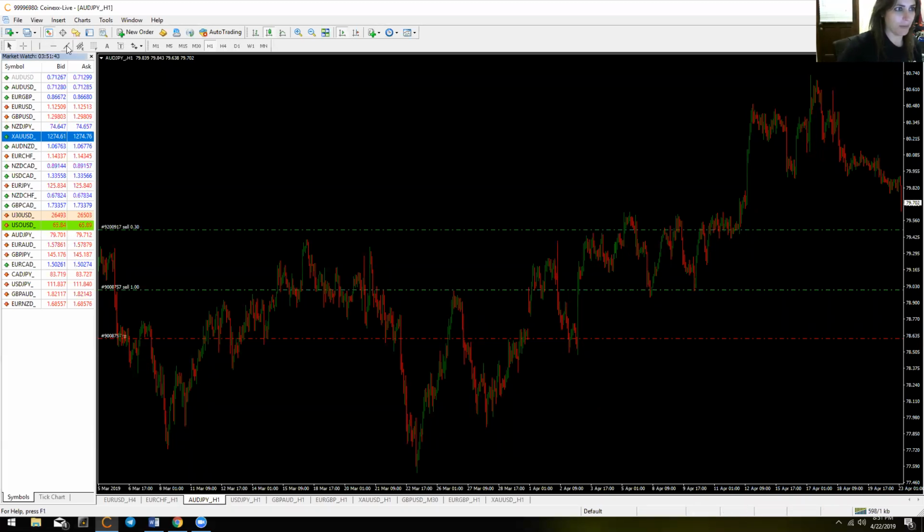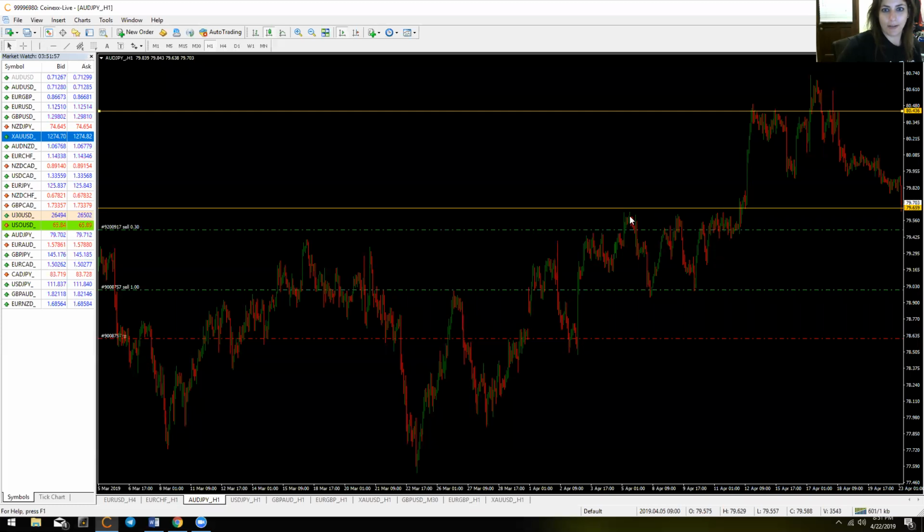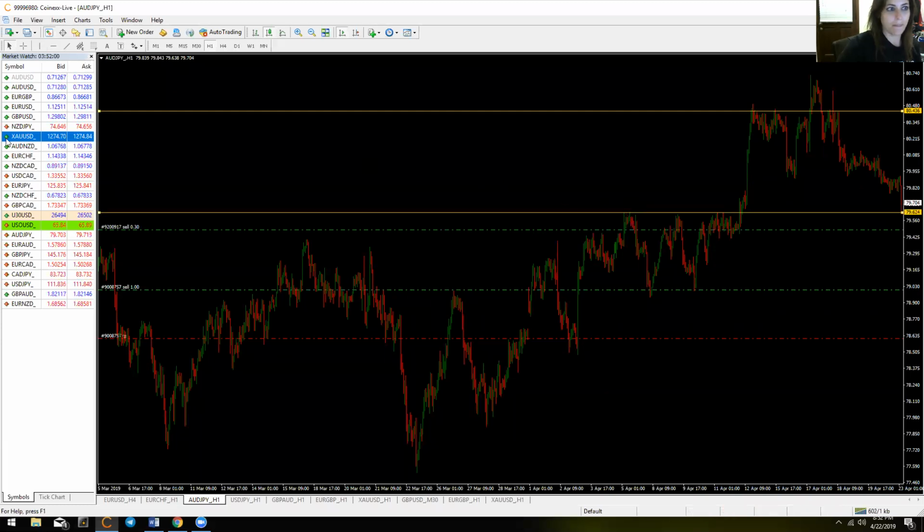Okay, so if we were to put support and resistance, we would put a support maybe right around a resistance area right around here. Then we'd probably put another one down here, and we probably could put another one right here.